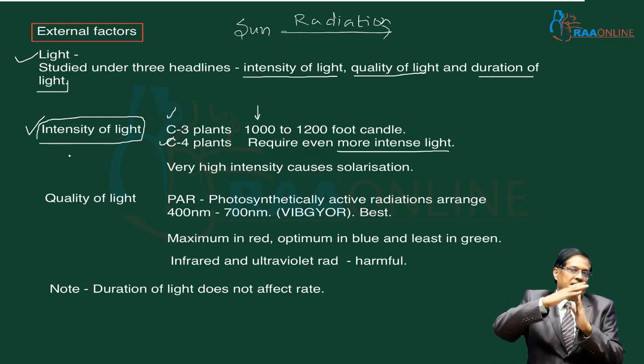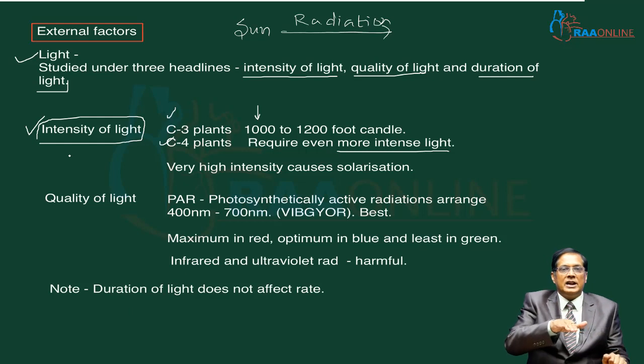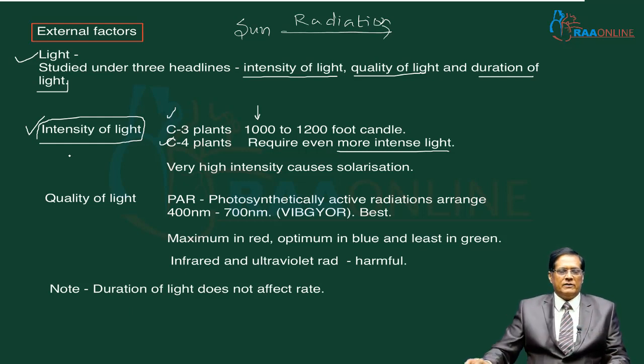If intensity of light is a limiting factor, then you supply the high light intensity, the rate will increase. But at very high light intensity, it causes solarization. Very high light intensity, that is beyond bearable intensity.